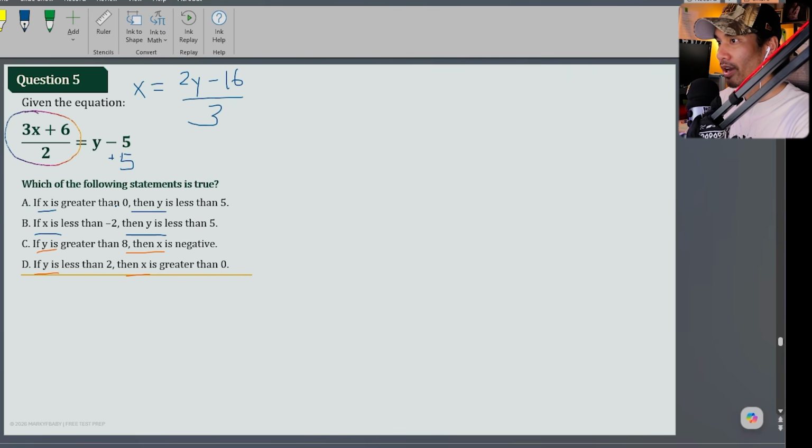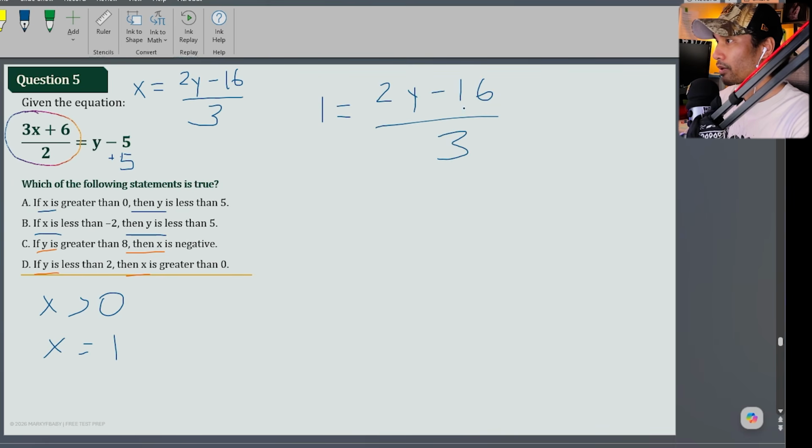So if x is greater than 0, I'm going to choose x equaling 1, then y is less than 5. So 1 equals (2y minus 16) over 3. First I want to multiply by 3.